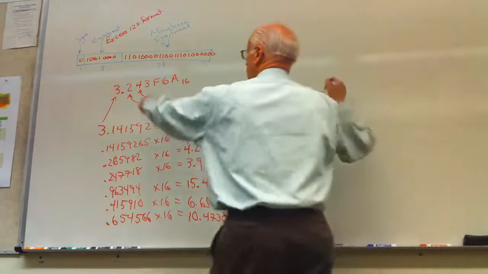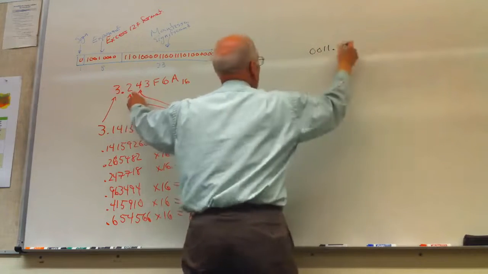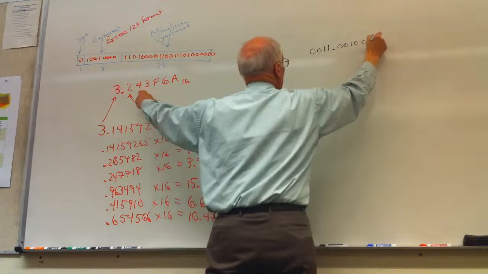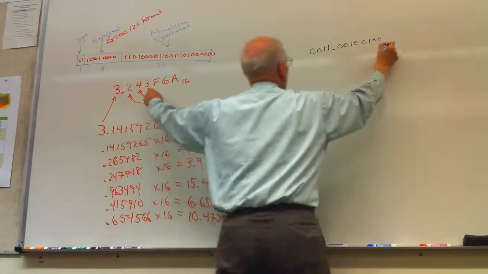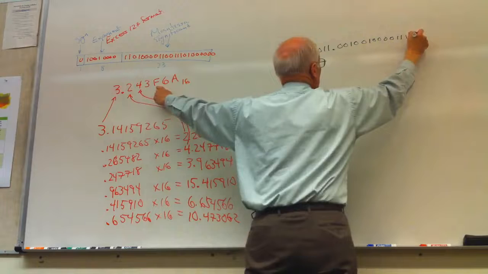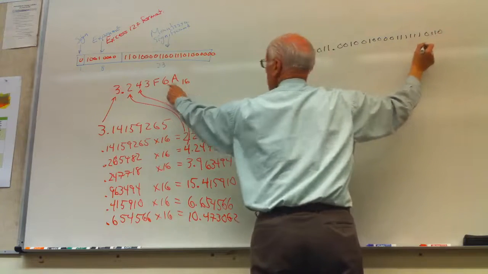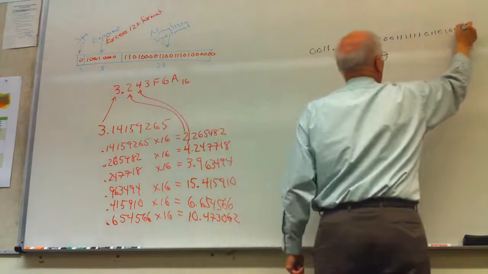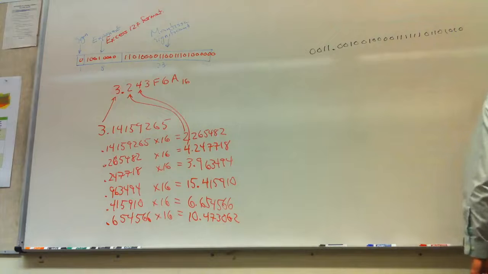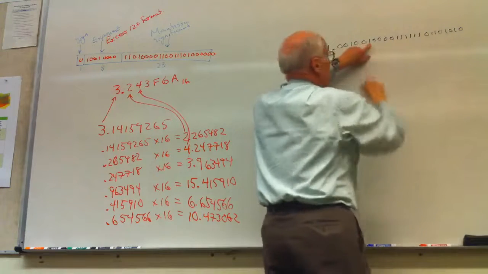The 3, 2, 4, 3, F, 6, A. Now, just out of interest, notice here that this started 001, 001, 001, 001.